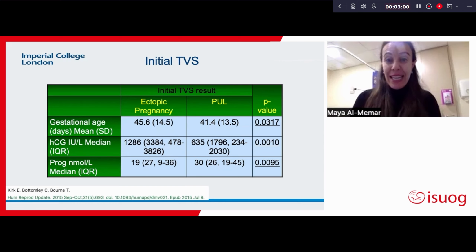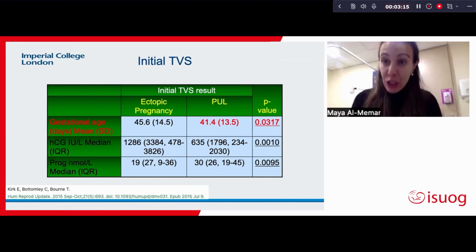And what we then see in women who have a PUL, who then subsequently get a diagnosis of ectopic pregnancy, compared with those who were diagnosed with an ectopic pregnancy at first scan, is that women diagnosed as PUL initially have a lower mean gestational age.